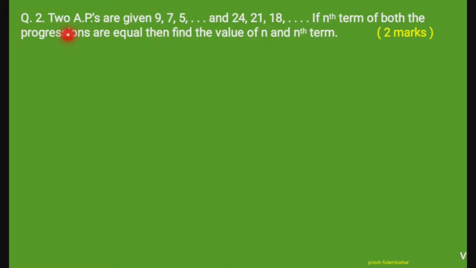Question number second. Two arithmetic progressions are given. Terms are 9, 7, 5 and so on, and 24, 21, 18 and so on. If nth term of both the progressions are equal, then find the value of n and nth term.